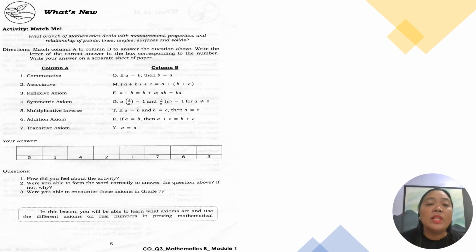While for the commutative property of multiplication, the order or the position of the factors does not affect the product. So, which among the letters in column B corresponds to the commutative property?